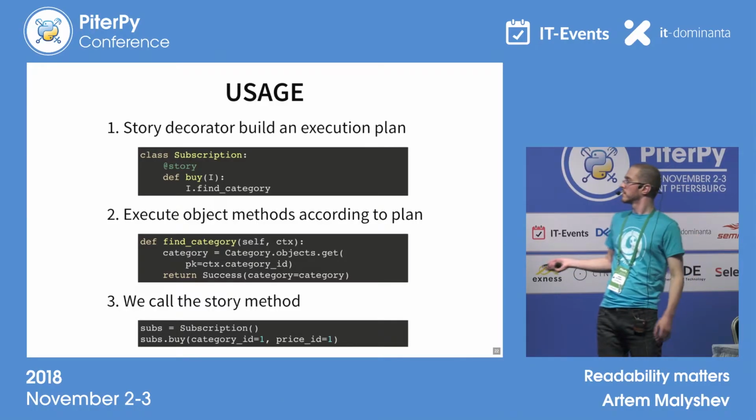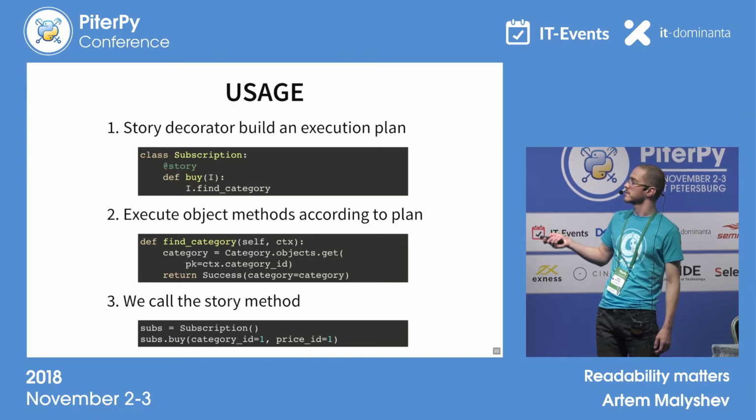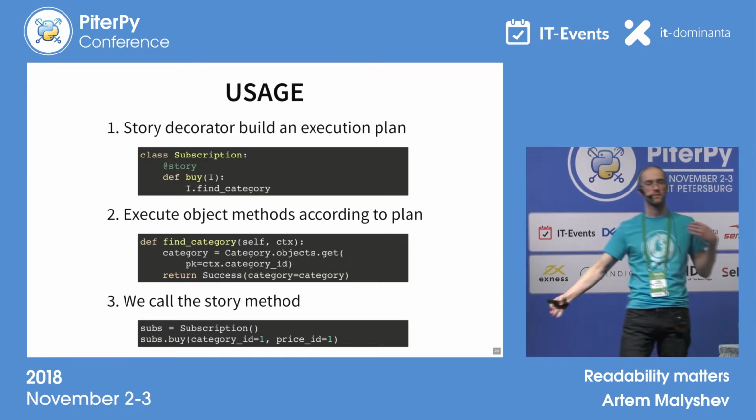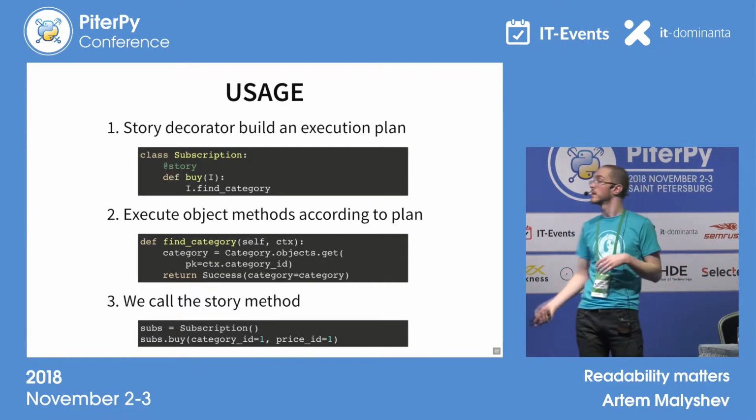In your slides you also saw some object with a by method, and also there was some I parameter sent to it. What is this I? What does it stand for? This is the DSL part, which assembles the business object plan.